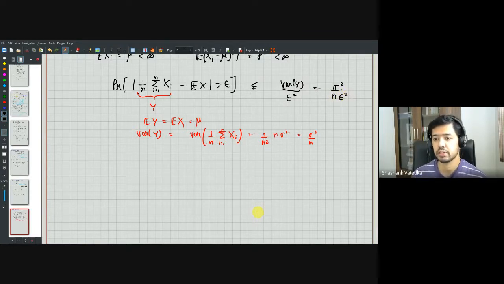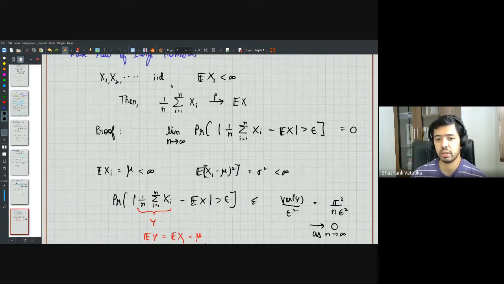Correct? And as n tends to infinity, this just tends to 0. So the limit as n tends to infinity of this probability is equal to 0, right? And therefore, the sample average converges in probability to the expectation of x.